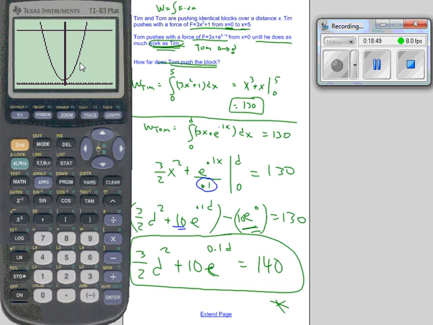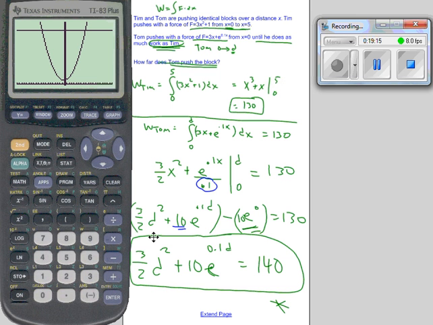Okay, so here's our graph of the left-hand side of the equation, which is Tom's work, and we're setting it equal to Tim's work. Solve this definite integral, and we evaluate it from 0 to d, and now we have this equation here.